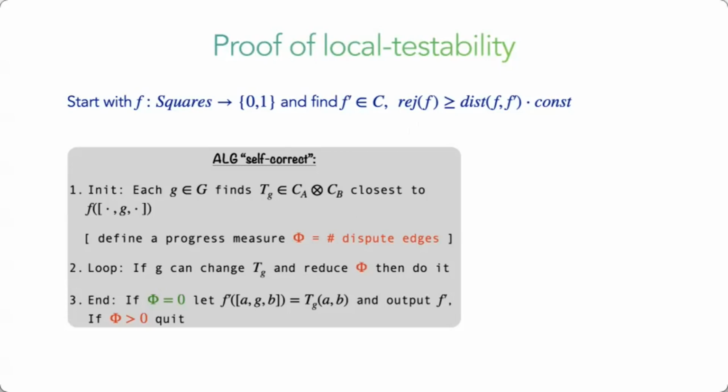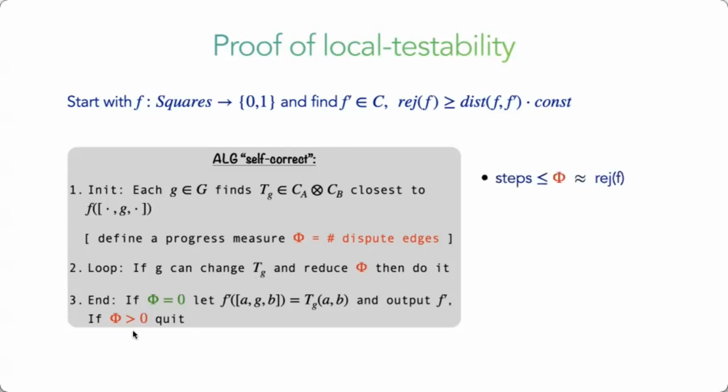Because they both agree with F, so they also agree with each other. So the only case where a disputed edge happens is if at least one of the two, maybe both, disagrees with F somewhere. So if I know that there's only a little bit of disagreement, there's going to be only a little bit of disputed edges to begin with. And now I do this algorithm and I reduce it even further.